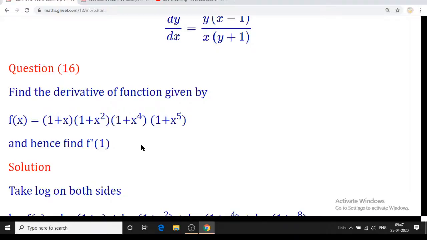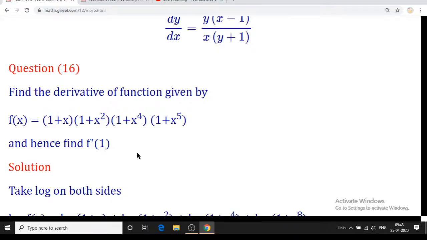Because of that, our applications are more, and so the sums asked in the exams are mainly on this part, that is on the logarithmic functions. And that completes our exercise 5.5.